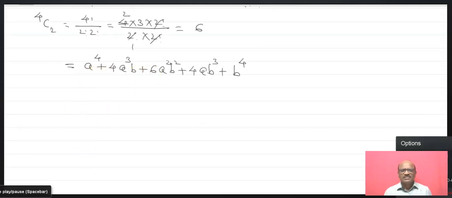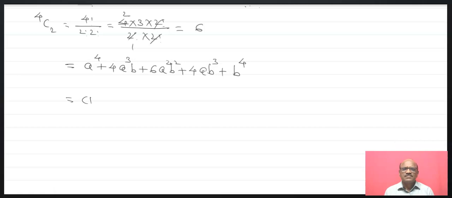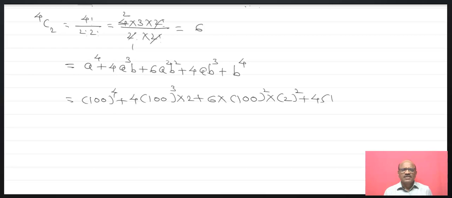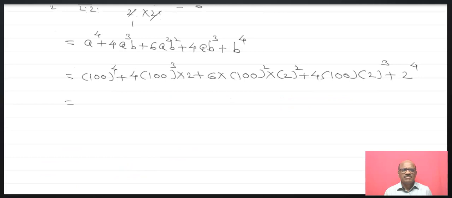Now we'll substitute their values, that is a is 100 raised to 4, the value of b is 2, and there will be the powers of 2, that is 100 raised to 4 plus 4 into 100 raised to 3 into 2 plus 6 into 100 raised to 2 into 2 square plus 4 into 100 and 2 raised to 3 plus 2 raised to 4.